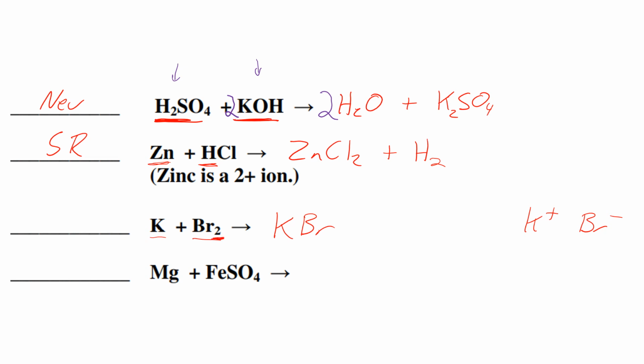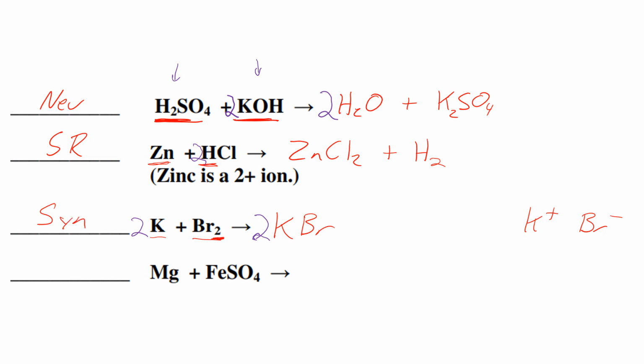So if I want to balance it, I'm going to be placing a 2 right there to balance the Brs. And now the Br is balanced, but the K is now unbalanced. So then I just place a 2 right there. Okay. Again, I'm not super focused on balancing, but if you are, you can, so we can balance them down. Okay. And sorry, and this is two single things coming together, so that's synthesis.